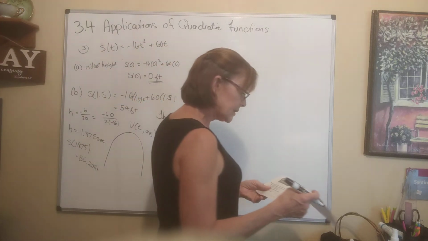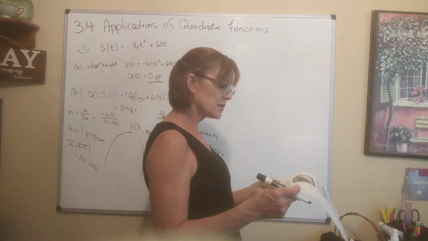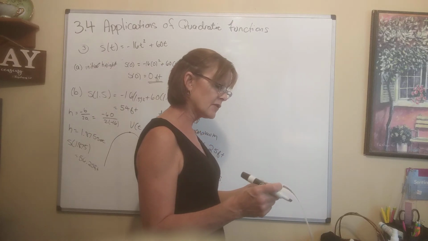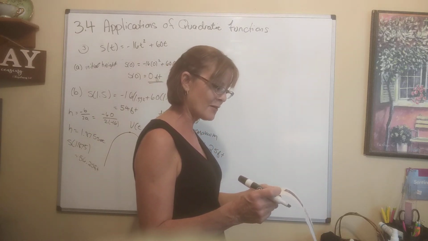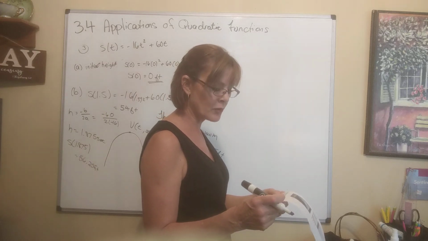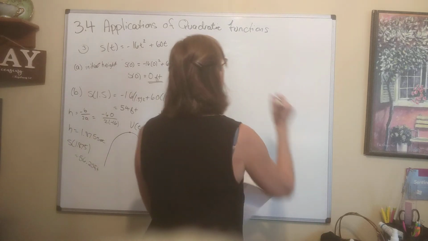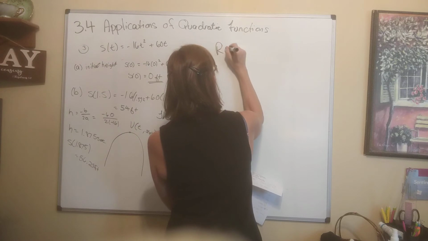So this one says, suppose that the revenue in thousands of dollars that a company receives from producing x thousand MP3 players is R of x equals x times (40 minus 2x). So they give us a revenue equation.